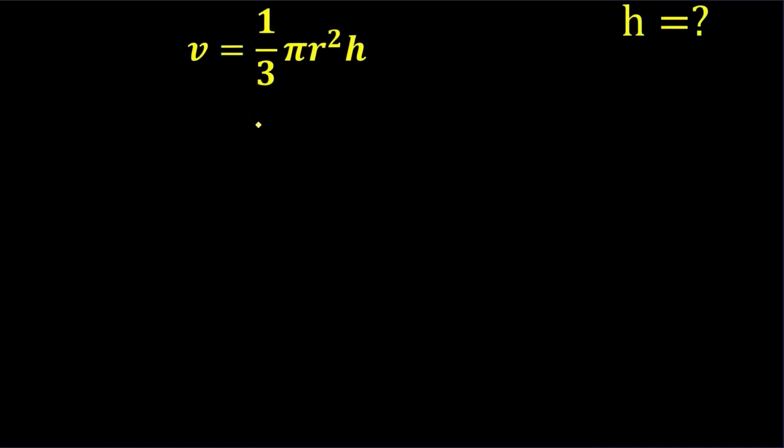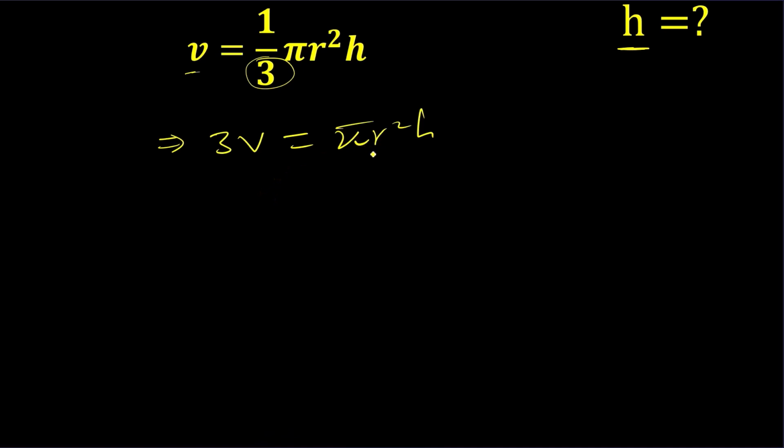Let's look at this example. Right, so we have v equals 1 over 3 pi r squared h. So we have to make h the subject. So let's move this fraction by multiplying this 3 by this v here. So this one is the same as 3v equals pi r squared h.